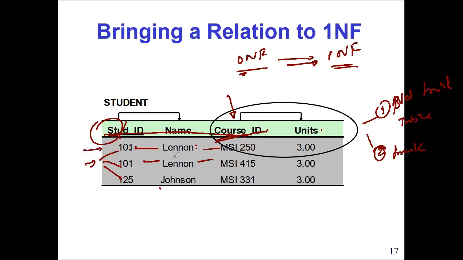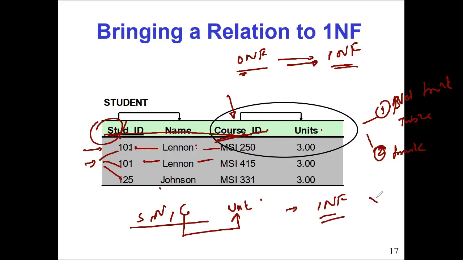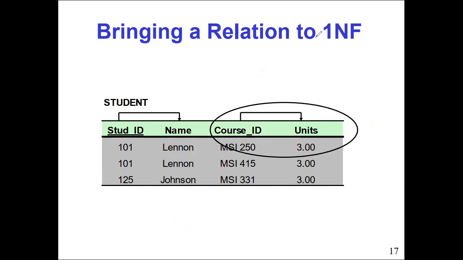This is not the same. So student, name, course are all primary key, and units is an attribute. The unit depends on part of the primary key, course. So we can say this is 1NF. No multi-value attributes, right? That is the first style, to make it 0 to 1NF.